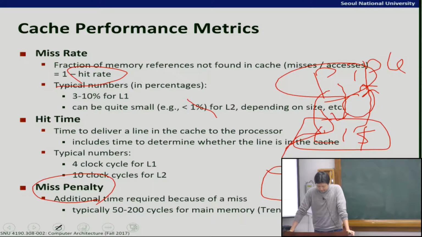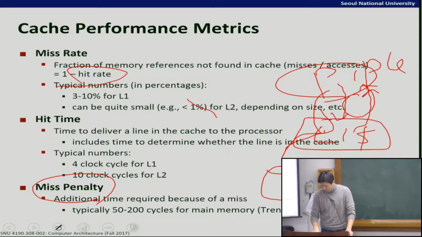Typically, it is 50 to 200 cycles for main memory. If you have to go to main memory, you have to access DRAM, and DRAM access time is somewhere between 50 and 200 CPU clock cycles. If you remember, last time I showed you a trend figure.